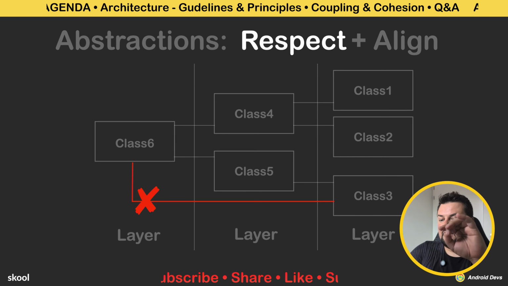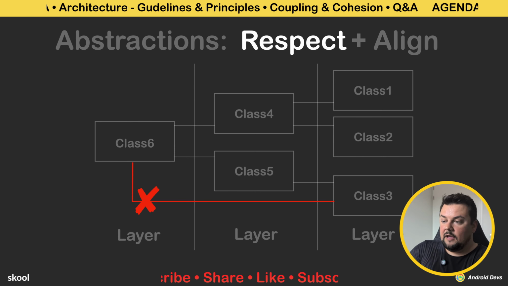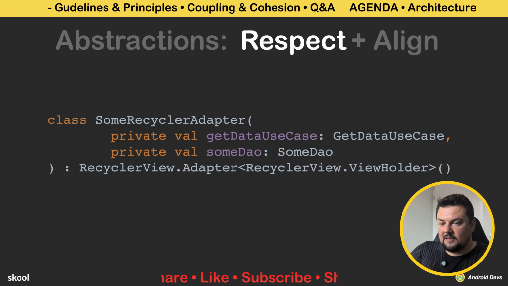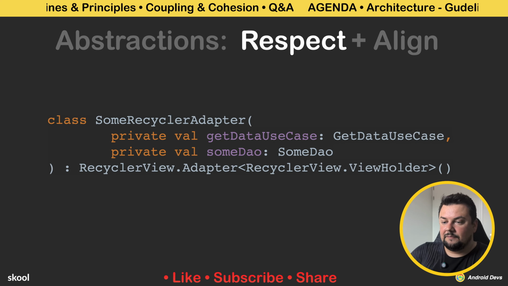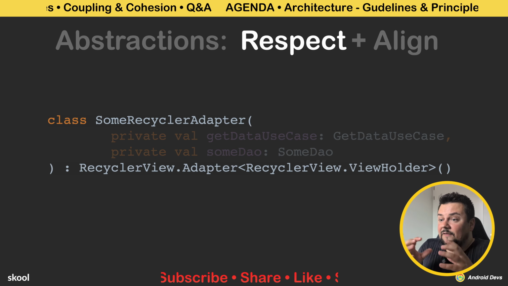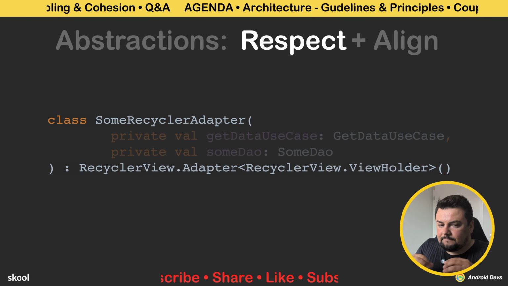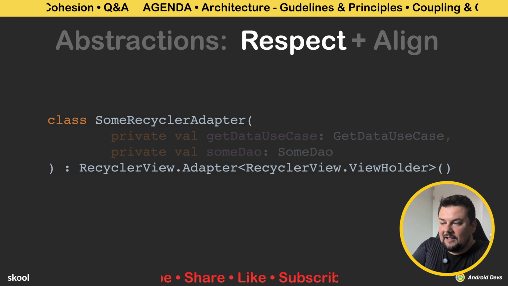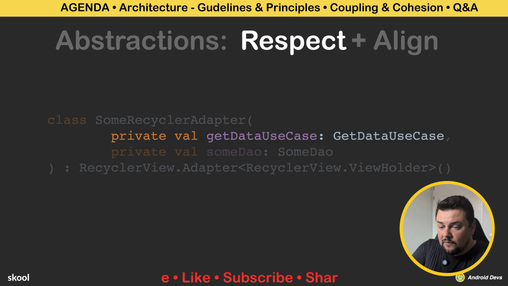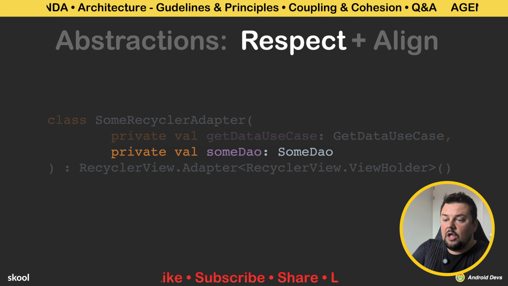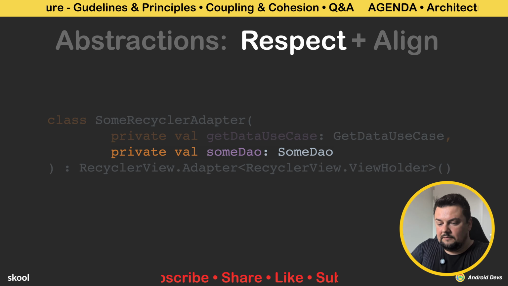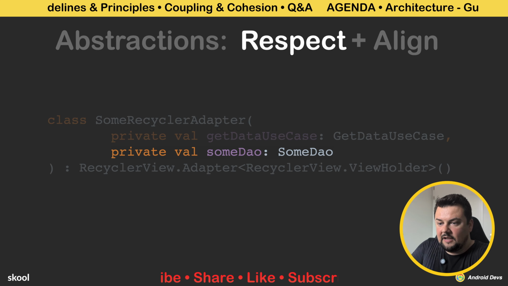And I'm actually having this slide only because I want to show an example of what I saw in my experience in software systems. So this is one example of a recycler adapter. This is just a recycler adapter, and a recycler adapter really belongs to a very specific UI component, right? And what happens here is that it injects a use case, and even worse, a DAO.